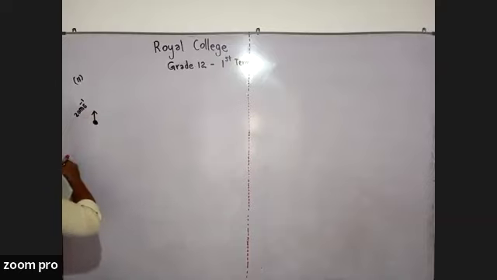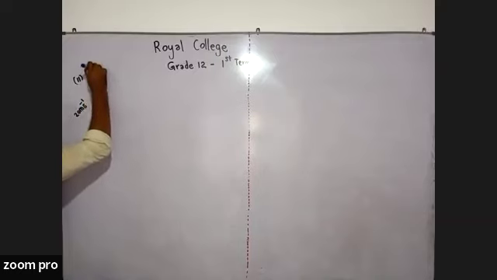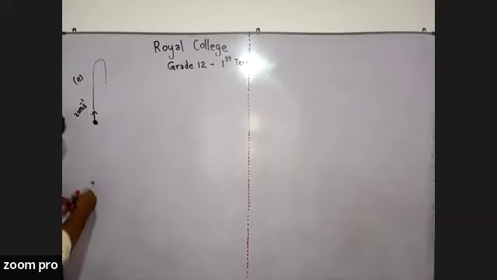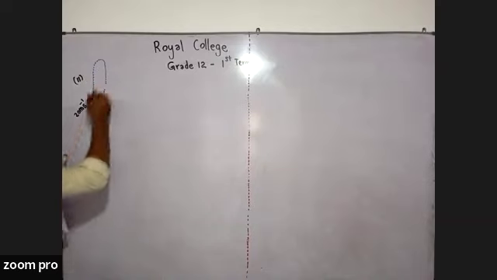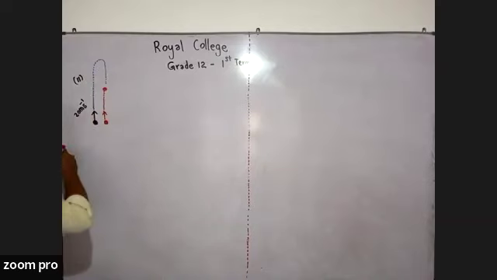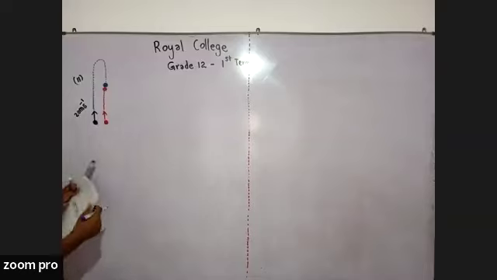So let's assume this is the motion of the first object. It moves upward and then tries to return to the initial position. And let's assume this one is the second object, also moving upward. Then at a certain time, both these objects collide with each other, right?